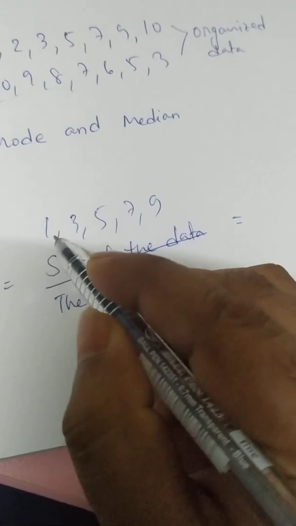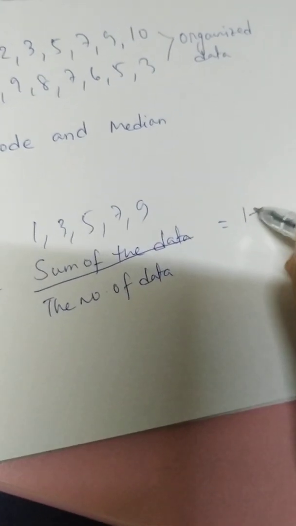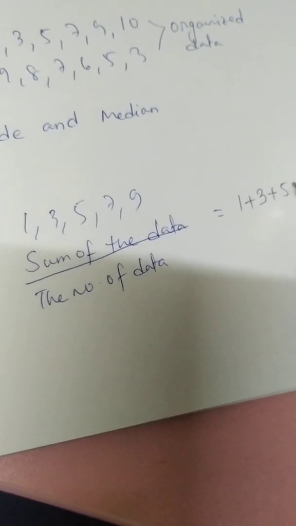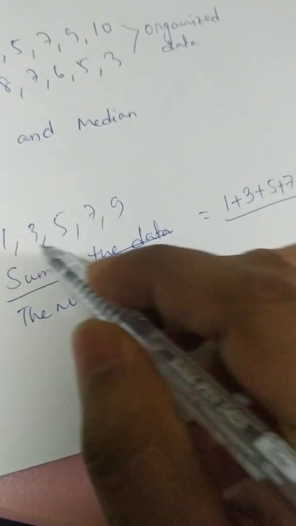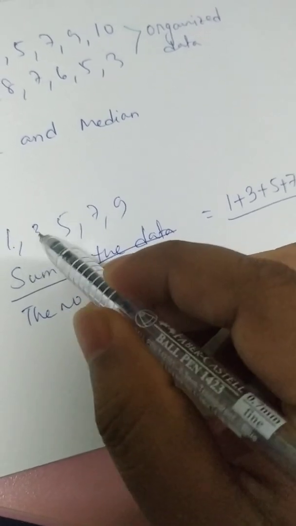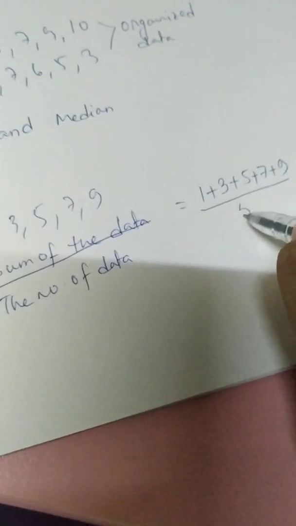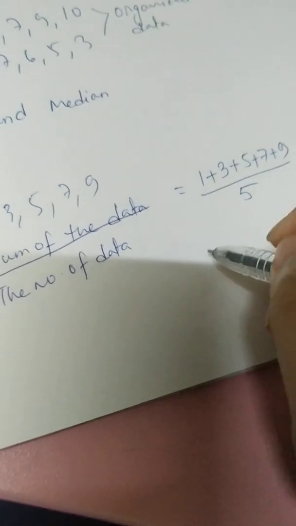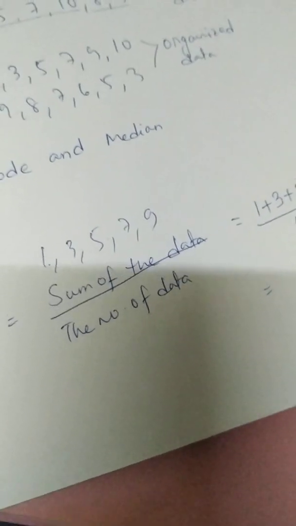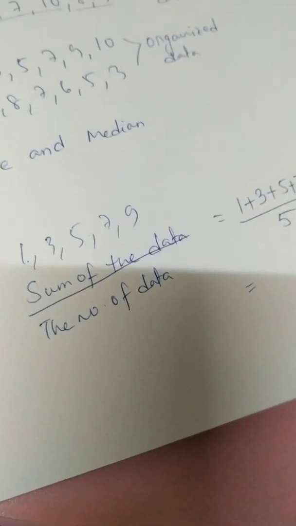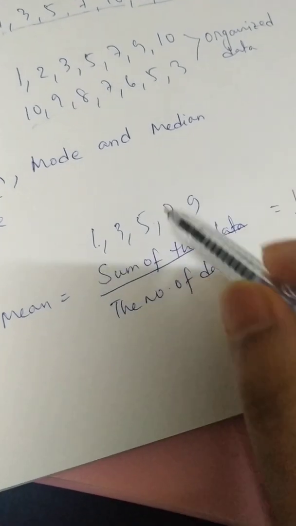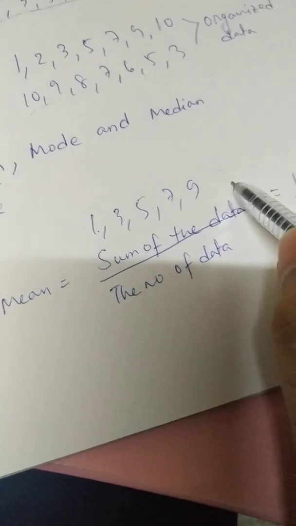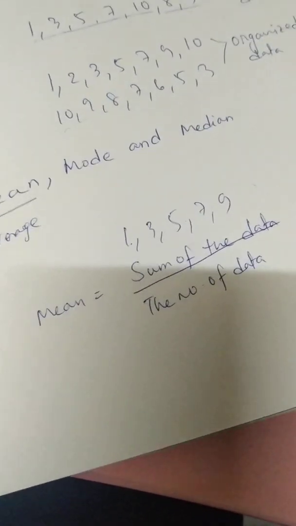Sum means add, so 1 plus 3 plus 5 plus 7 plus 9, divided by the number of data. How many data are there? 1, 2, 3, 4, 5. So you just need to divide and you will find the mean. Very easy. So mean means you need to add all of the data, the sum of the data divided by the number of data.